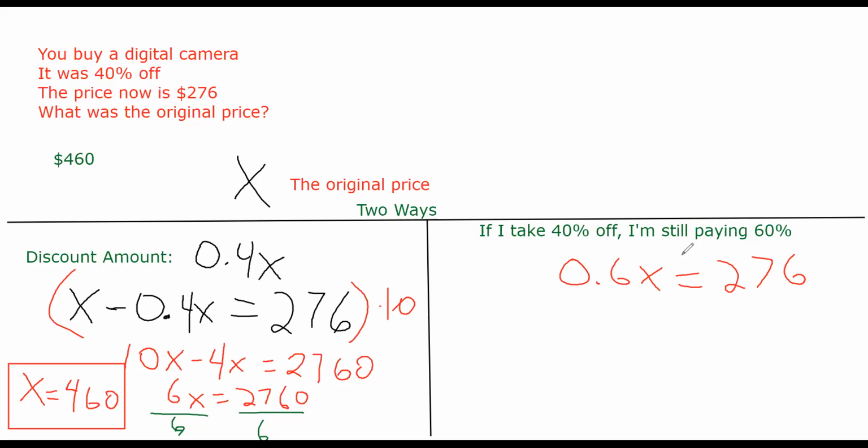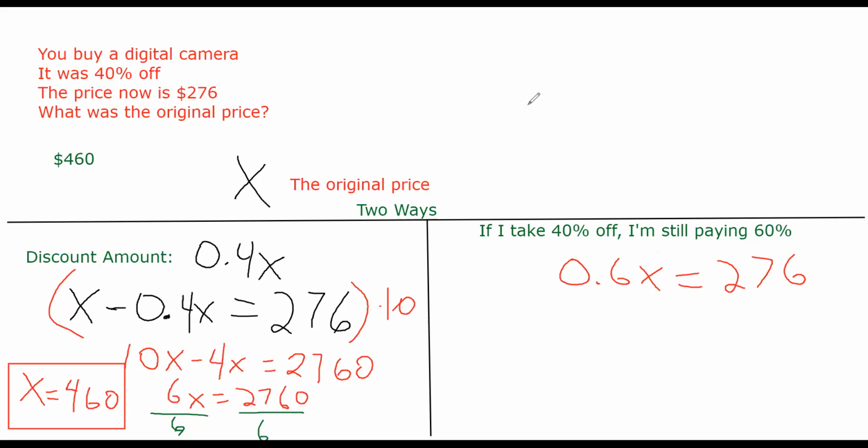And that's the equation I can set up immediately. I can just say, okay, X is the original price of the camera. 60% of that is what I'm still paying. So if I do 0.6 times X, that'll give me what I'm still paying, which we already knew was provided to us as 276. And now I can solve for X, the original price of the camera. Here I still have a number out to one decimal place, so I want to get rid of it. Sometimes it's called sweeping out decimals, getting rid of them.